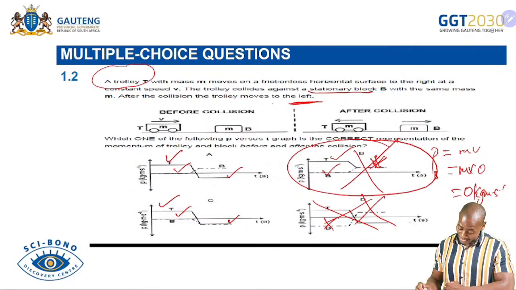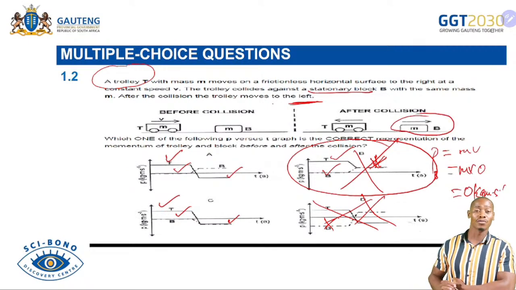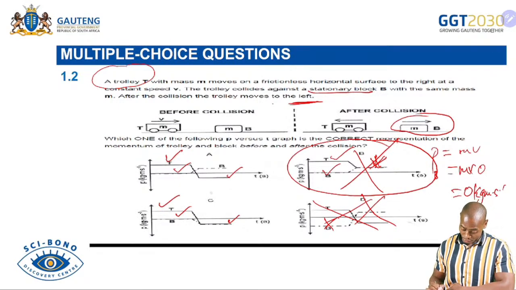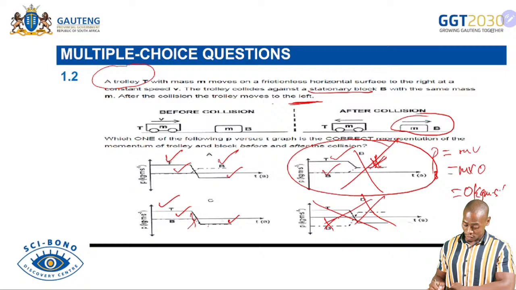Then from the diagram, the block moves to the right. It has a certain velocity, so the block moves to the right. Let's check option A. Yes, for the block, it moves to the right. But for option C, it moves to the left, so this will be incorrect. So this is also out.